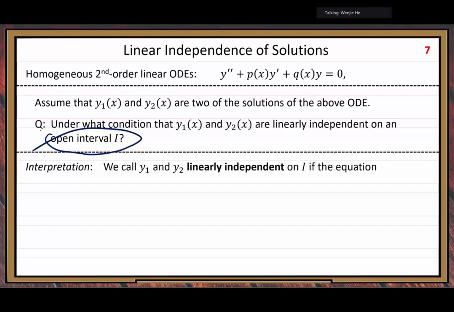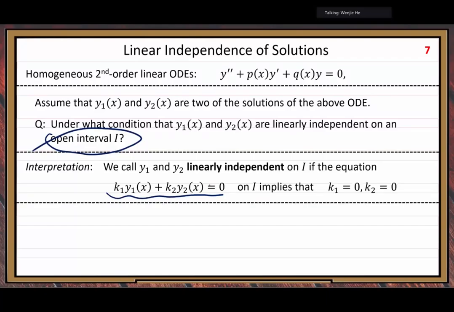We call y1 and y2 linearly independent on I if there exist constants k1, k2 such that the linear combination of these two solutions on I implies that k1 must be 0 and k2 must be 0. In other words, if one of the two numbers k1, k2 is non-zero, then this expression cannot be 0.